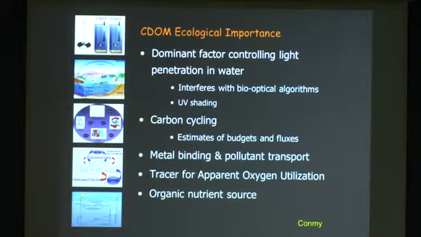So in some environments it's a very easy way to look at the amount of carbon and where that carbon's going. I alluded to the fact that it's important in metal binding, and so in some environments, if you can trace the CDOM, you may also trace any pollutants that are coming in with that freshwater source in the CDOM.